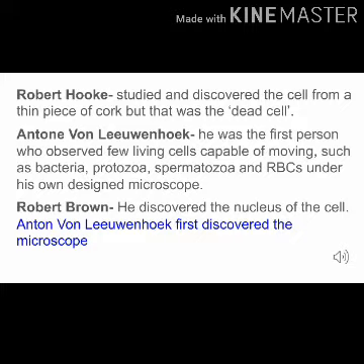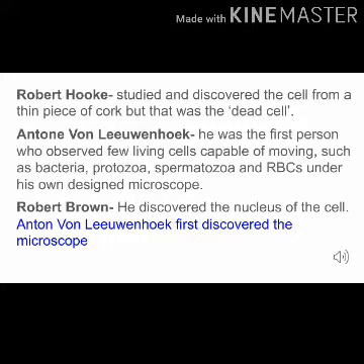But Antoine von Leeuwenhoek was the first person who discovered living cells that are capable of moving, such as bacteria, protozoa, spermatozoa, and red blood corpuscles. And why do we say RBCs as red blood corpuscles and not red blood cells?